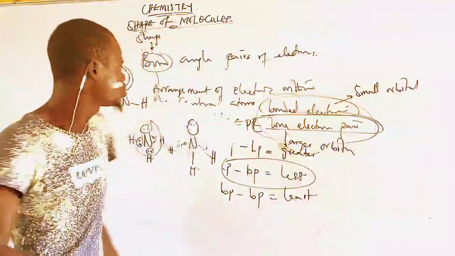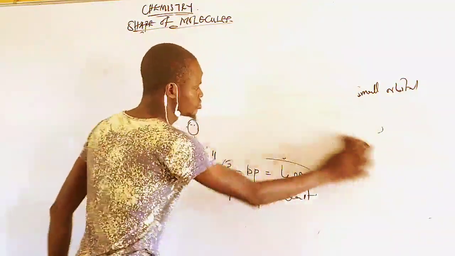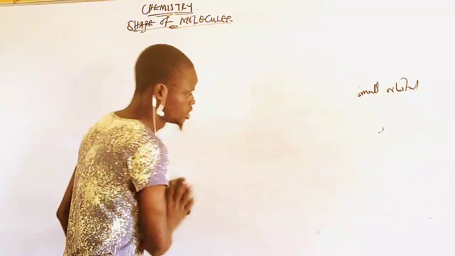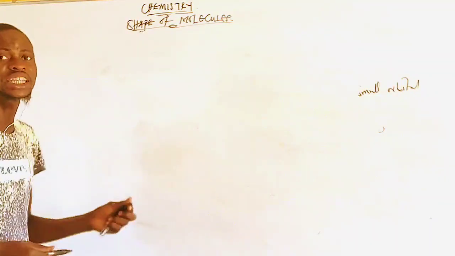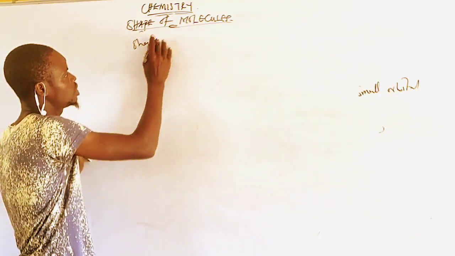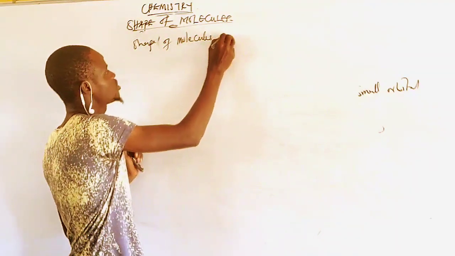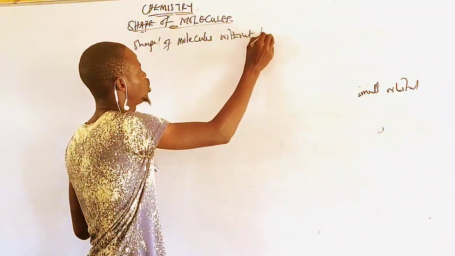Now, let me explain to you with this. Let's take a look at the shape of molecules without a lone pair. Shape of molecules without lone pair.